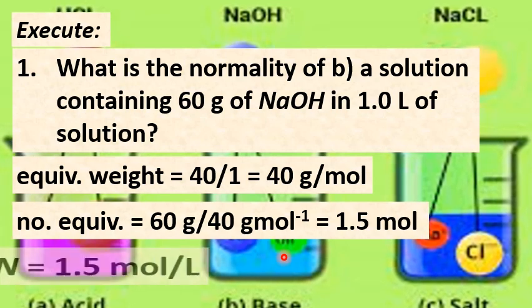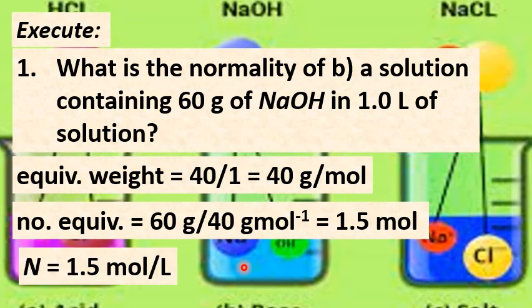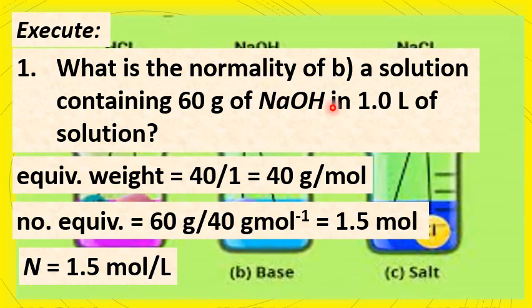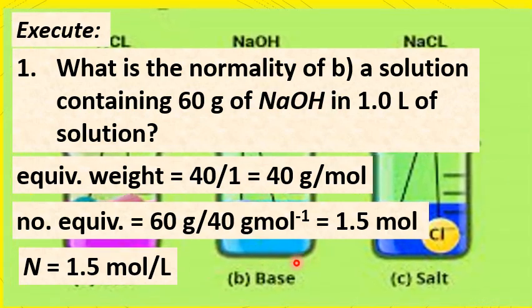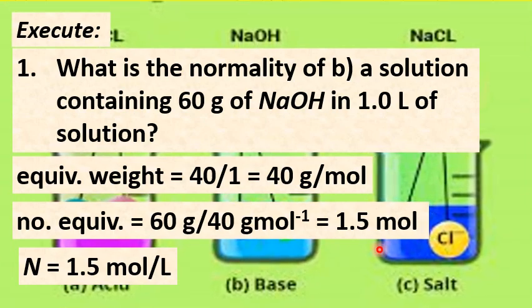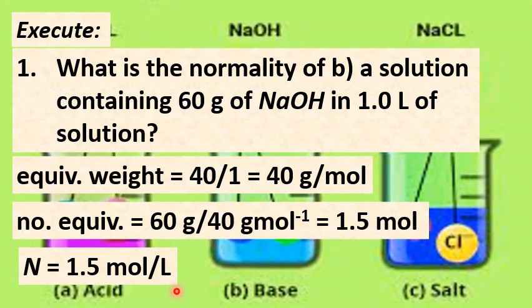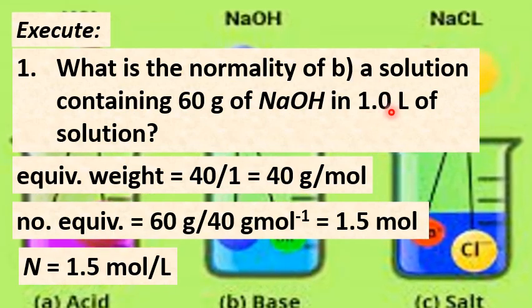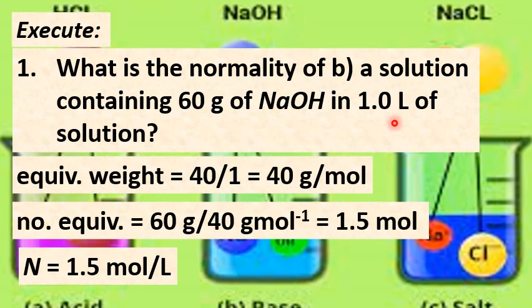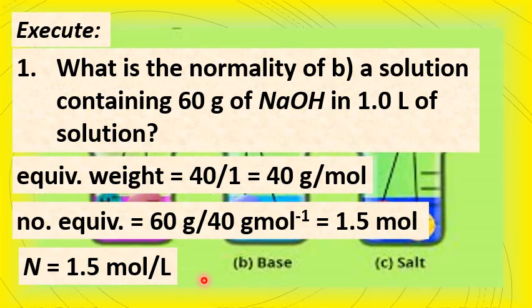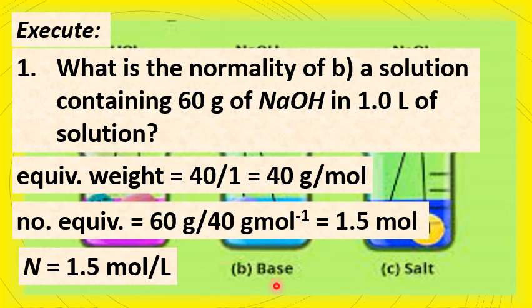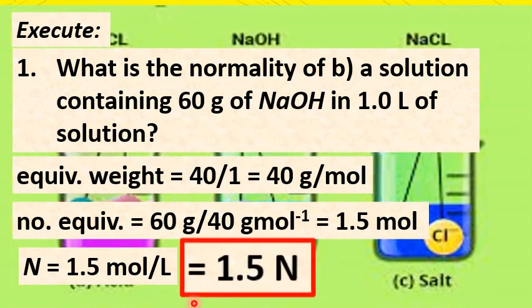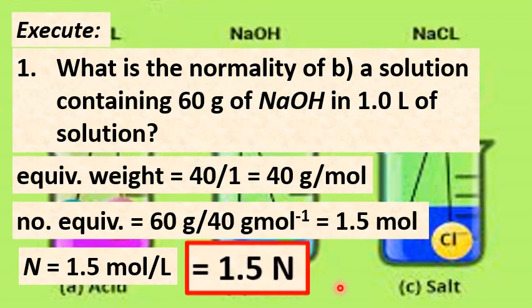So we can now calculate the normality of this solution. It is simply the number of equivalents, that is 1.5 moles, divided by or per liter of the solution, because the volume of the solution as specified is 1.0 liter. But our final answer is expressed, of course, in normal. So the normality equals 1.5 normals.